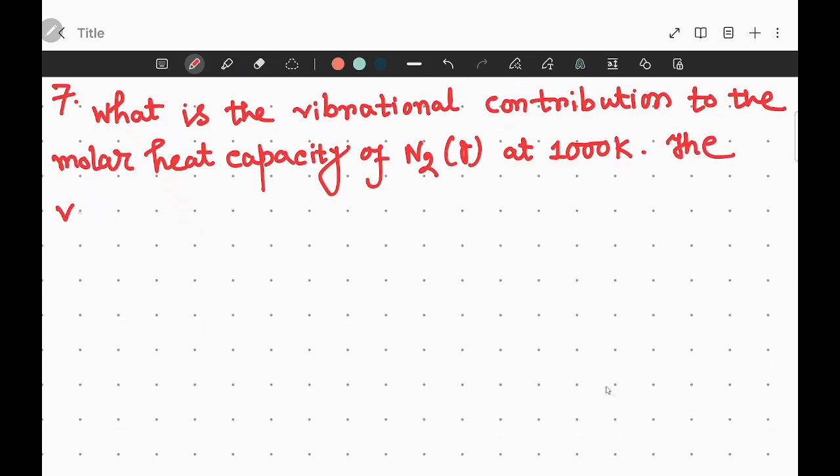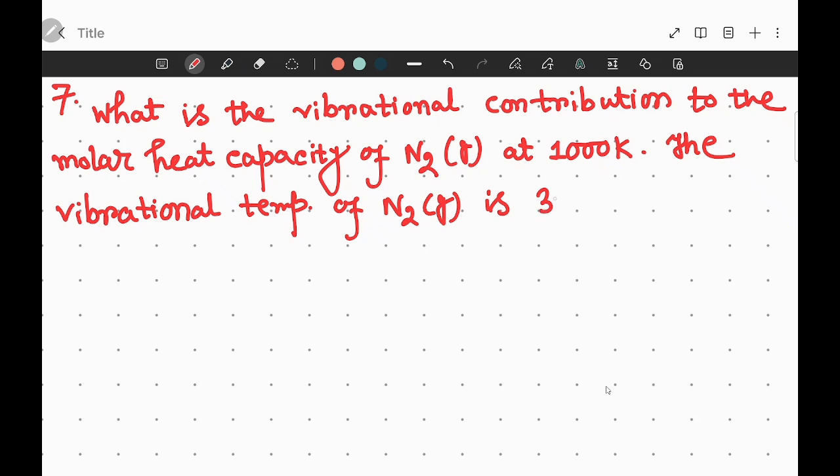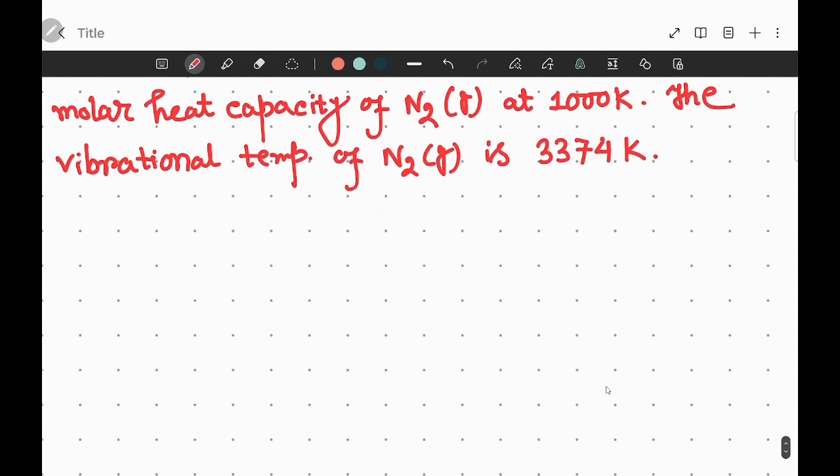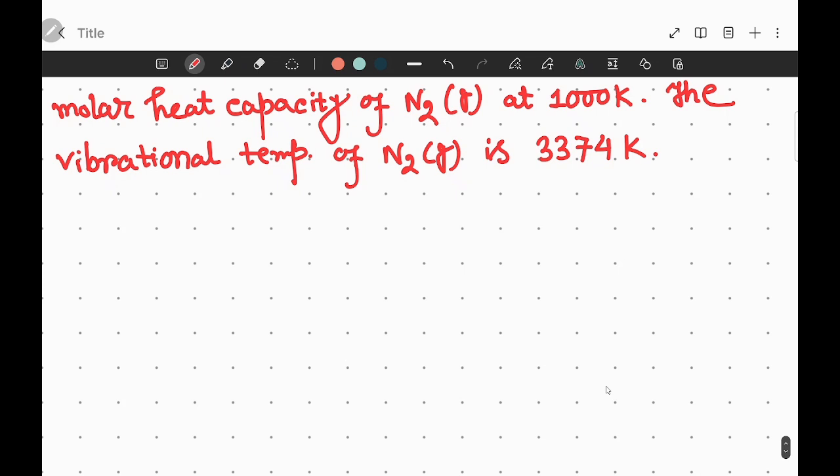The vibrational temperature of N2 gas is 3374 Kelvin. Okay.